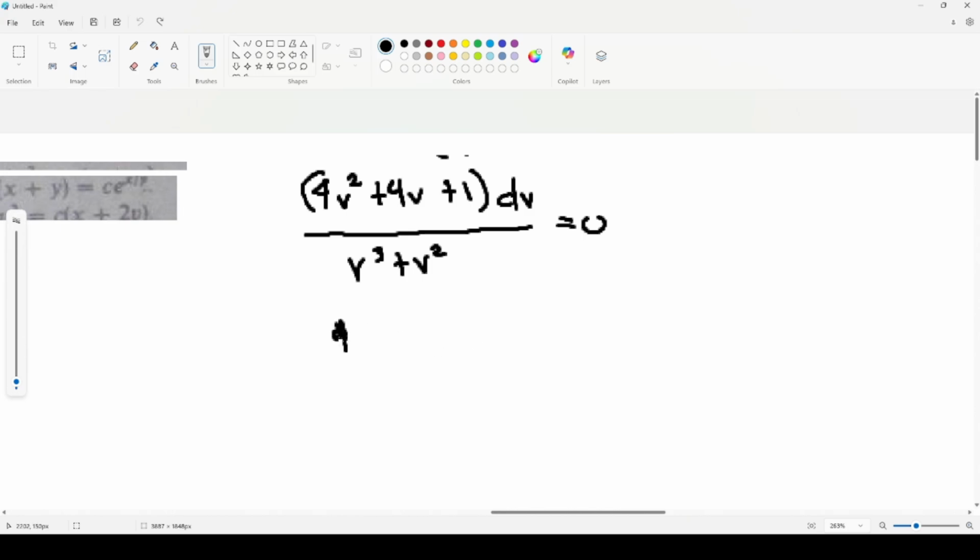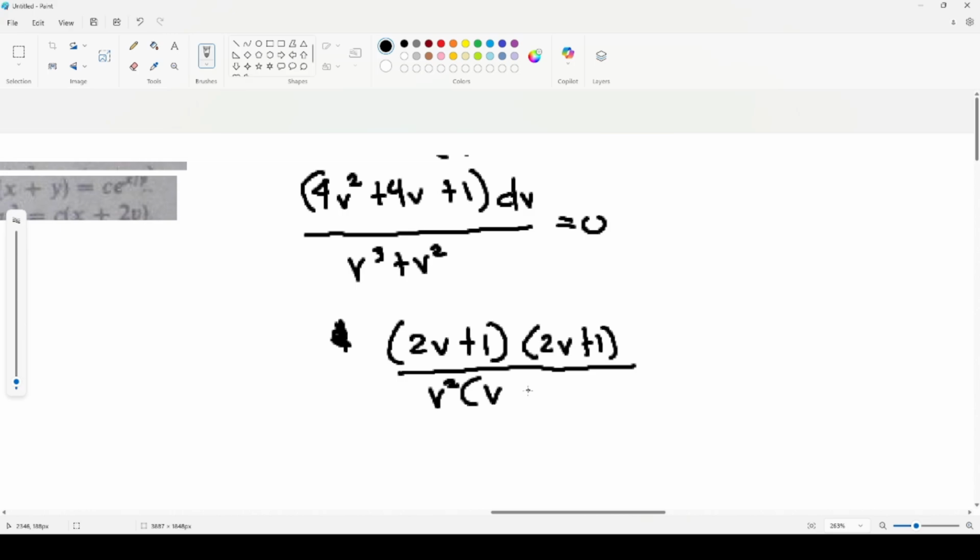The numerator will become (2v plus 1) squared, because that's 4v squared, divided by v cubed plus v squared, so that's v squared times (v plus 1) dv. That's the fraction.